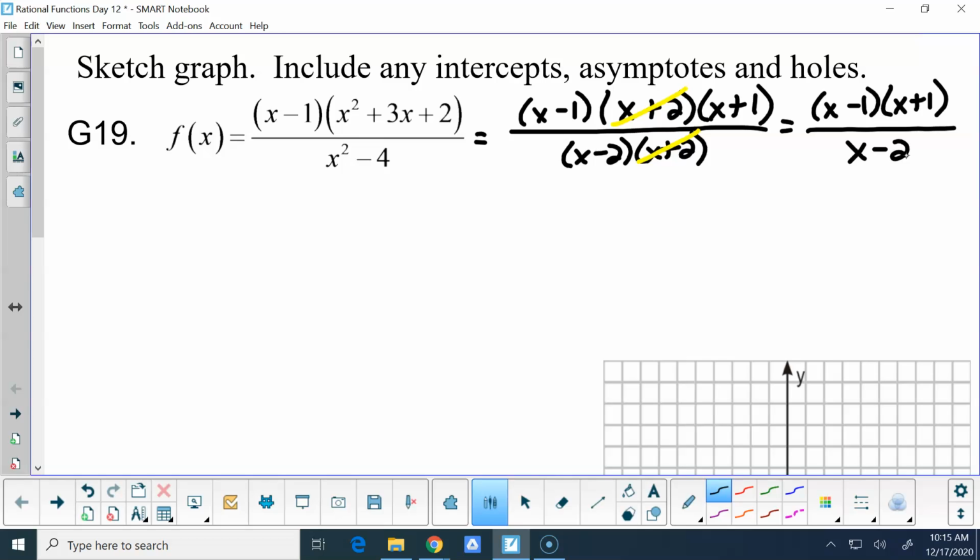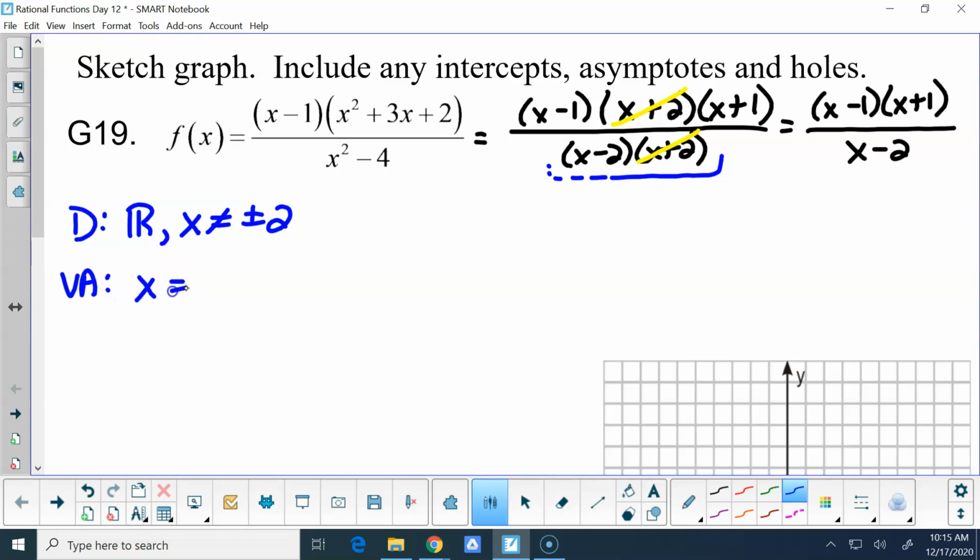Love it. Okay? So, domain then is going to be all real numbers, but x cannot be plus or minus 2, because again, I look pre-simplification for domain, but my vertical asymptote is just x equals 2 because I look post simplification for that.